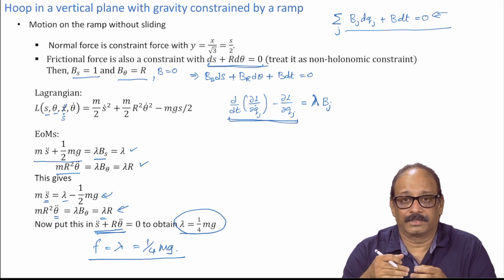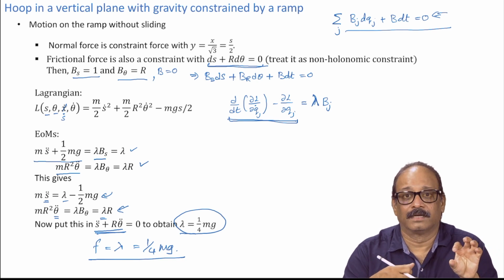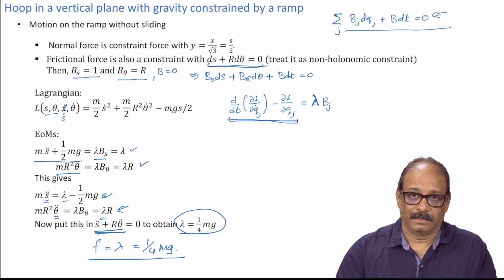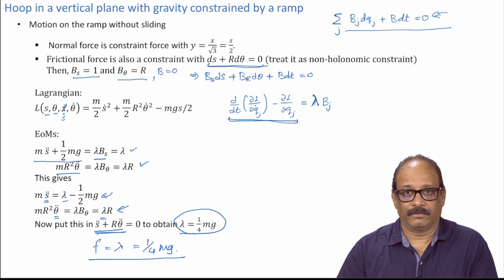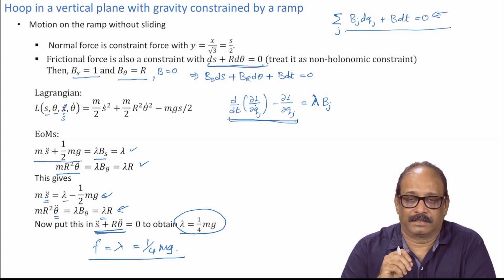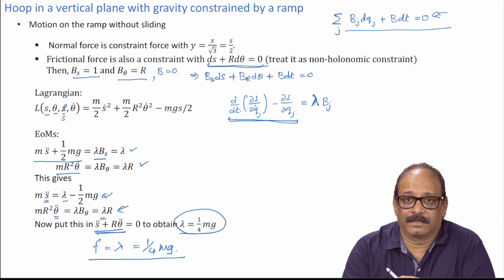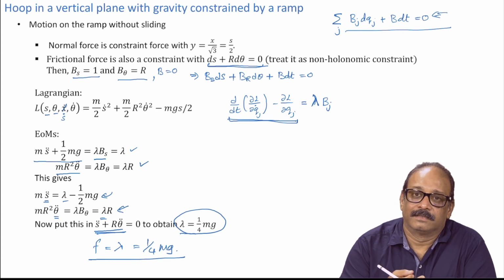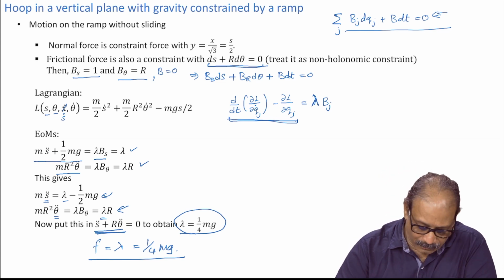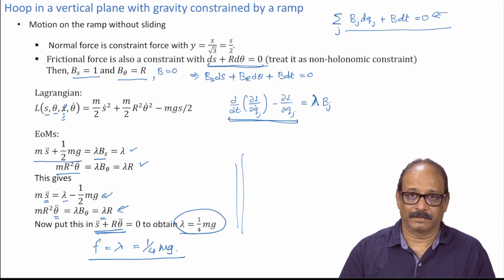In the second kind of motion, the normal reaction becomes a constraint force, while the frictional force remains an active force. In the motion where you have rolling without sliding, the normal reaction generates a holonomic constraint and the frictional force generates the non-holonomic constraint. And of course, we can apply all the techniques that we have developed to solve the problem here.